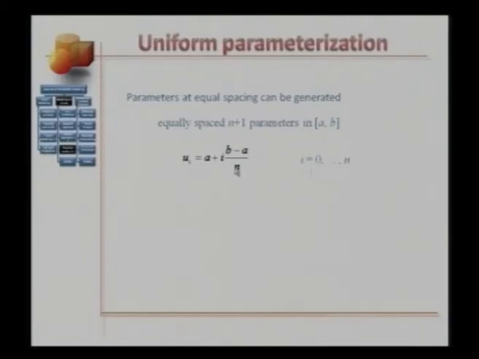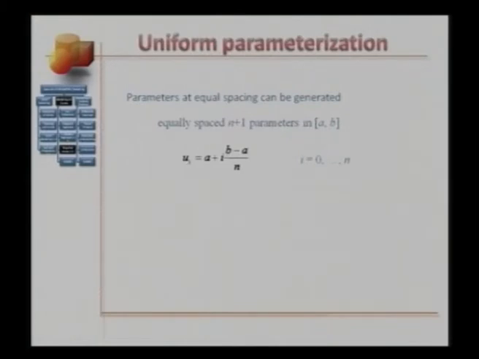For i equals 0, I have u0 equals a, and for i equals n, these two n's would cancel out, this a would get cancelled out with this minus a, and therefore un will be equal to b.